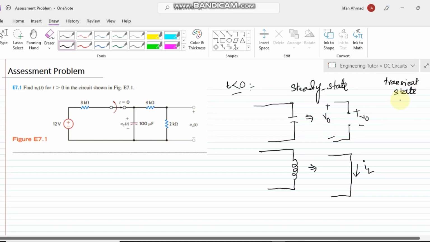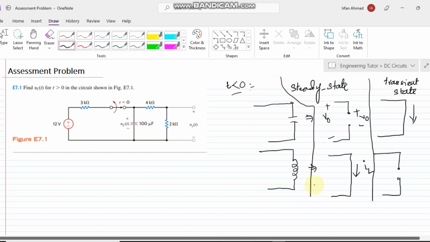The transient state is basically the opposite of the steady state. What is the transient state? It is the state at which the switch has been closed or opened, the switch has suddenly changed its position. In the transient state the capacitor will behave as a short circuit because it will bypass the current, and the inductor will behave as an open circuit. That is the transient state and that is the steady state.